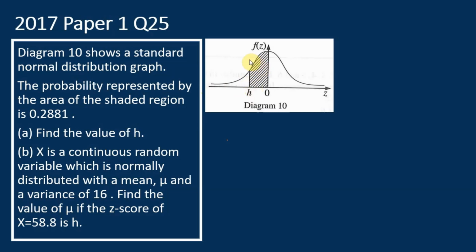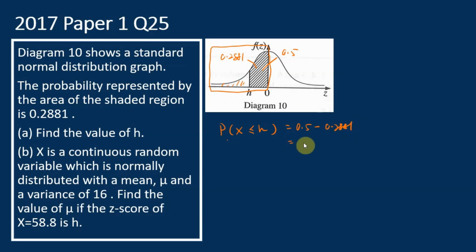Since the area of the shaded region is 0.2881, and the whole area at the left hand side is equal to 0.5, therefore P(X less than H) is equal to this area, which is equal to 0.5 minus 0.2881.